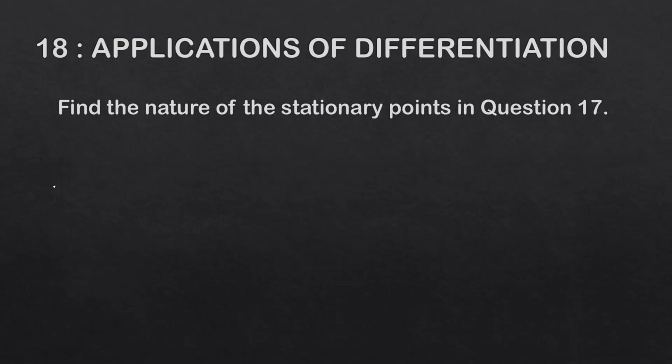So at x equal to 0, the stationary point is going to be minus 16. And since the second derivative d squared y over dx squared is less than 0, therefore we are going to say that it is a maximum.